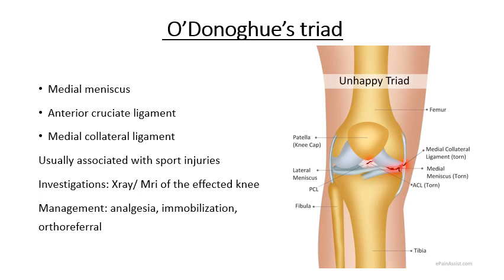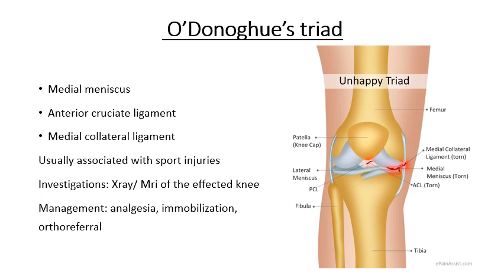Okay, now this is a tongue twister to me. Since we were talking about sports injuries, this is also a very common sports injury. Usually in the scenario they might give you a presentation of a football player who has been tackled and has presented to you in the department with a knee pain. Okay, so there is a triad called O'Donoghue triad.